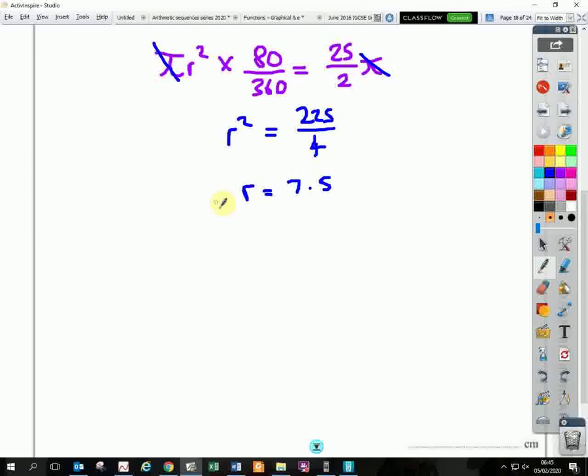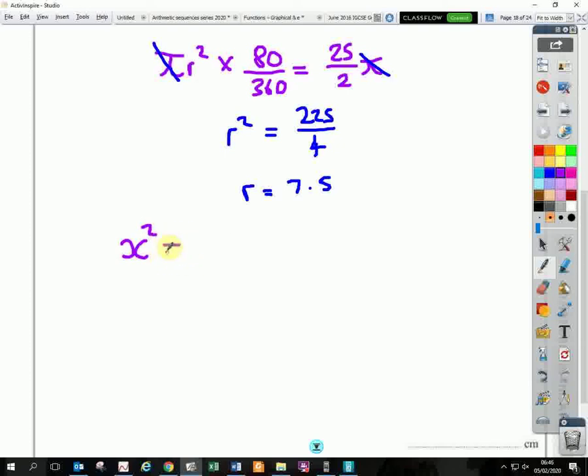Okay. Cosine rule from the formula sheet is a squared equals b squared plus c squared minus 2bc cos a, where b and c are the two sides either side of the angle, or as I like to say, the two sides that sandwich the angle. So, two sides that sandwich the angle are both the radii.